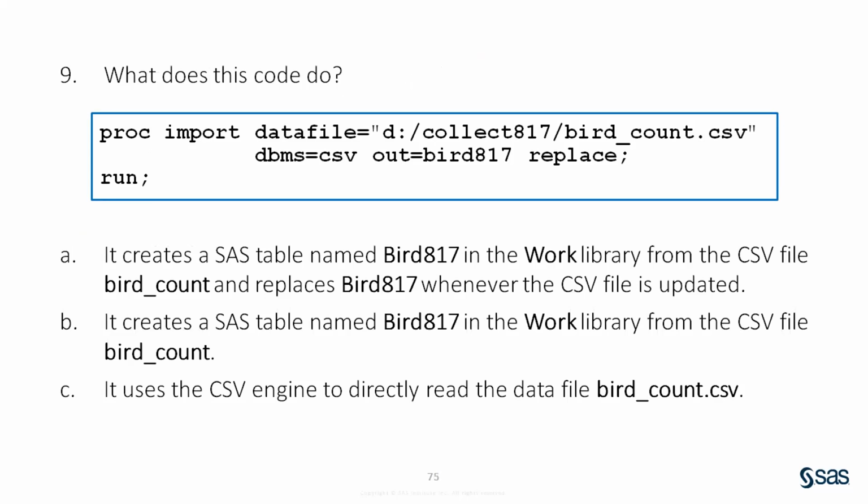What does this code do? Look at the code carefully and select the appropriate option. It creates a SAS table named BIRD817 in the work library from the CSV file BIRDCOUNT and replaces it whenever the CSV file is updated.